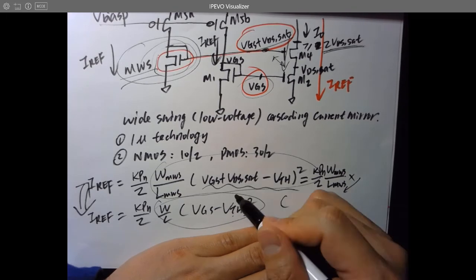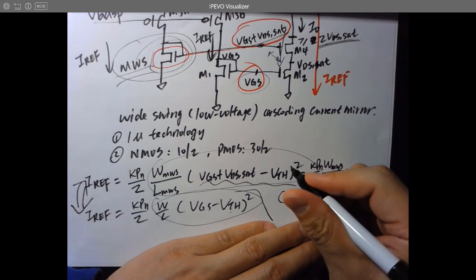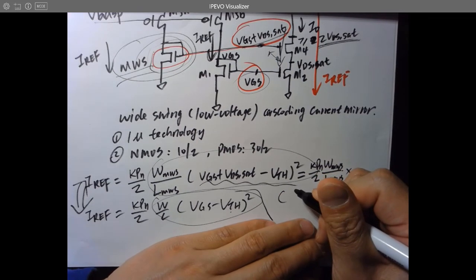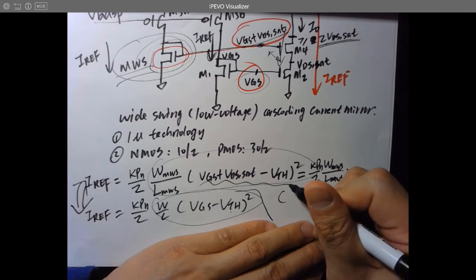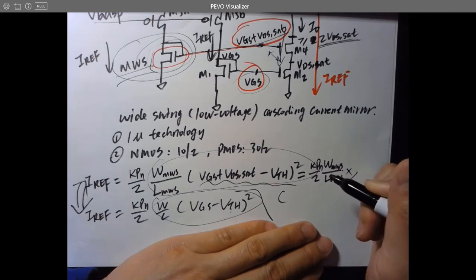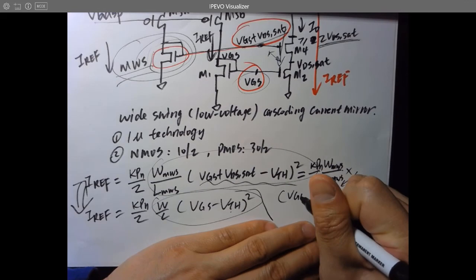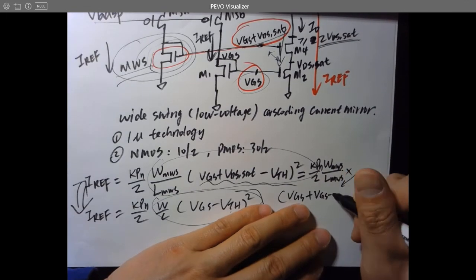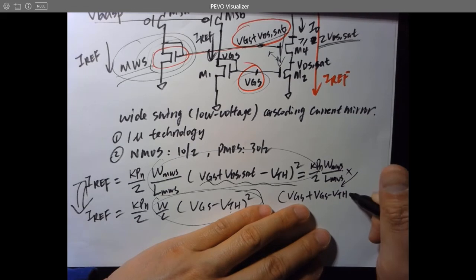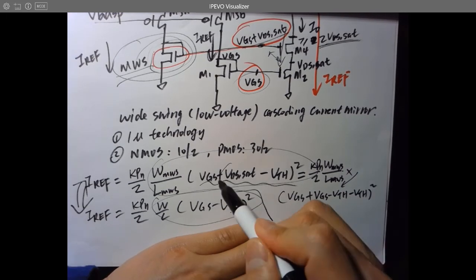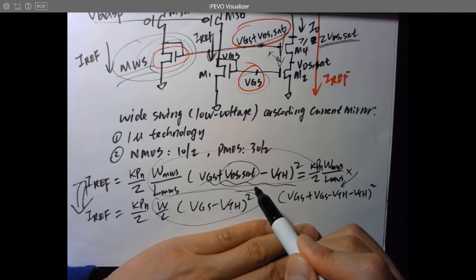Times this one. So this is VGS minus VTH, plus VGS minus VTH minus VTH. Because this one equals to this, right?